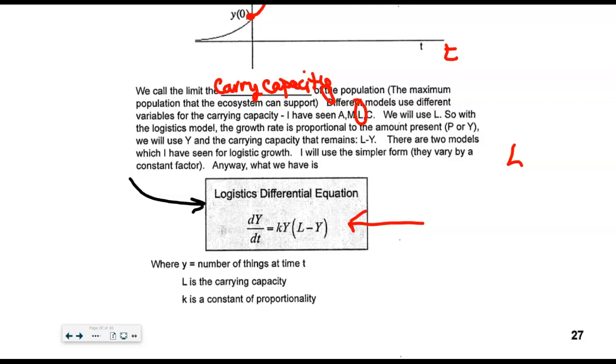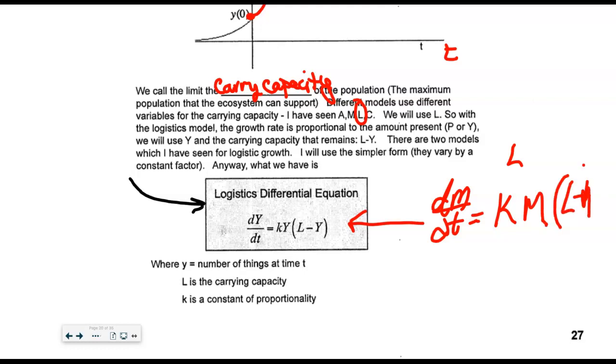All right, so you should have written that the rate the moose are changing over time is directly proportional to the amount of moose present, and the space left in the ecosystem. Do you see how the math goes with the common sense of it?